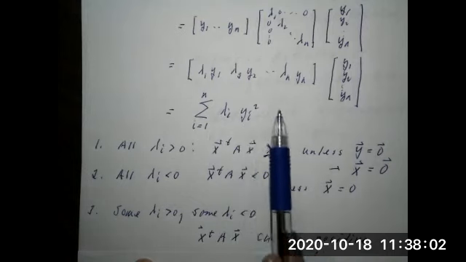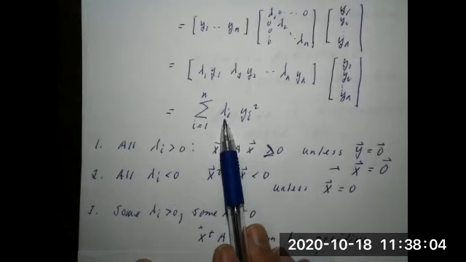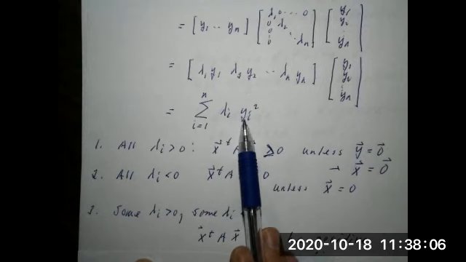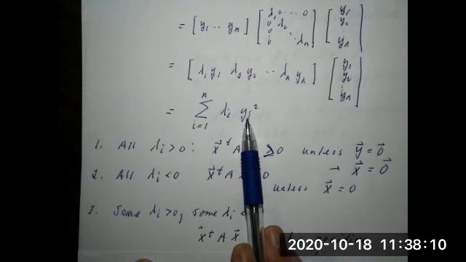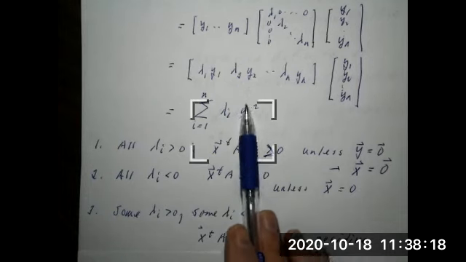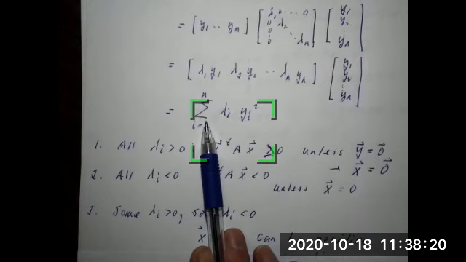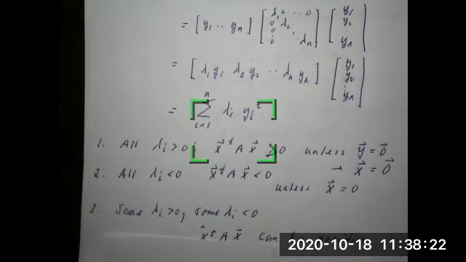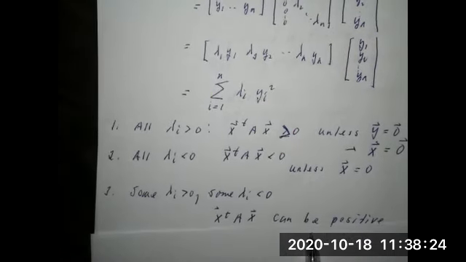We could also look at all the eigenvalues that were negative, set the corresponding components equal to 1, and set the other components to 0, and this expression would be negative. So depending upon how we choose the entries of y, we could make this expression positive or negative, which means that we would have an indefinite quadratic form.